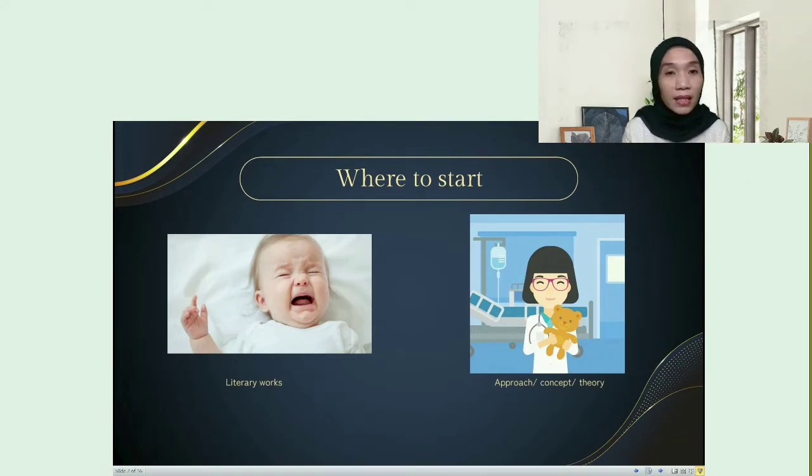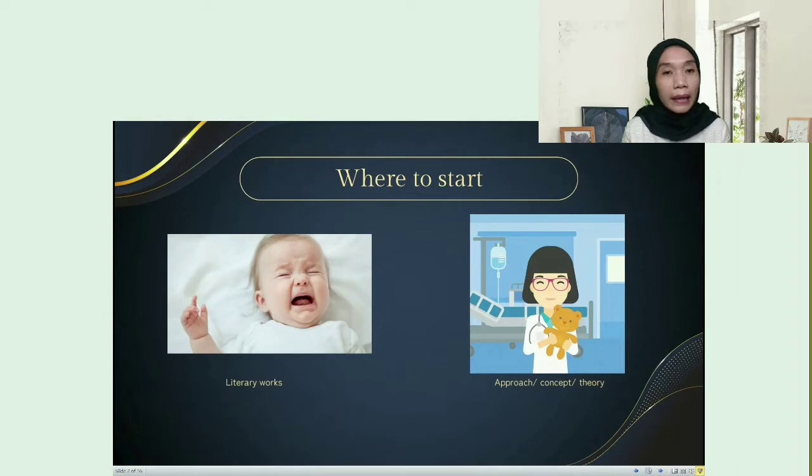Why did I mention this is a critical understanding and step to begin with? That's because in many cases, students start with the approach, concept, or theory. From my experience, some students came to me and said, oh, I'm interested in this approach or concept or theory, and I don't know what kind of literary work I can apply it to.